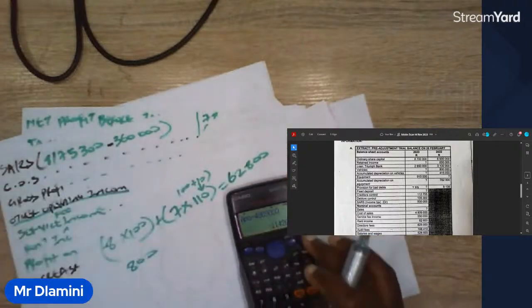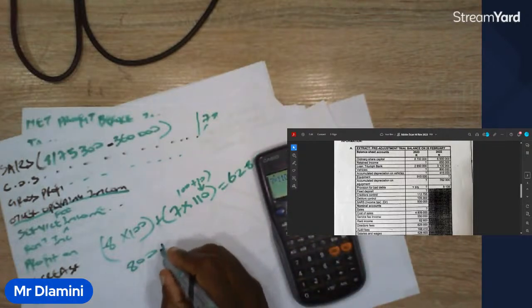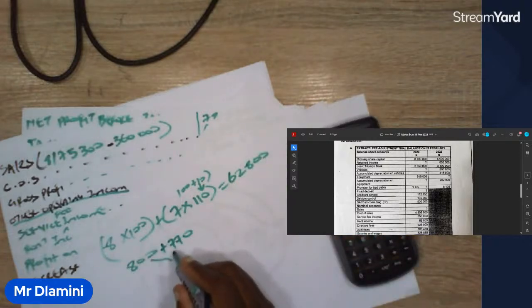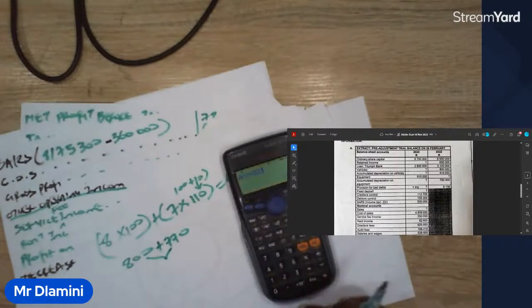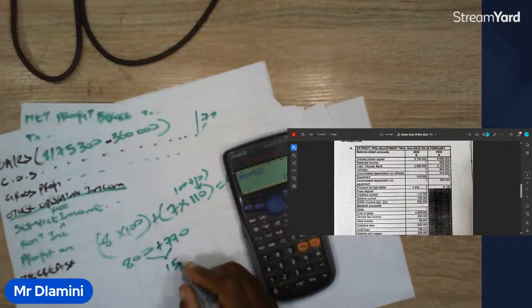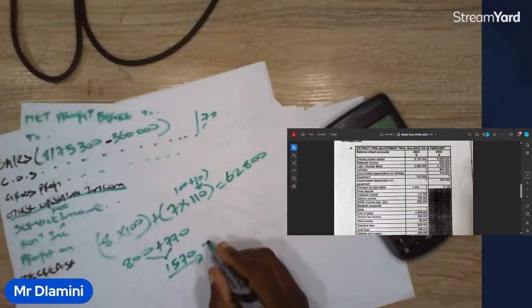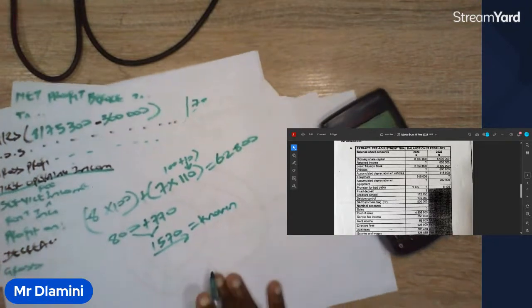Now we say 7 months times 110, you get 770, right? Then you add these two, 770 plus 800, you get 1570. You call this figure known.